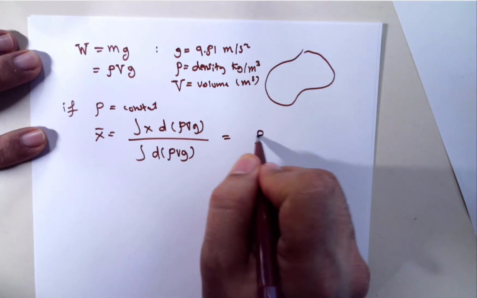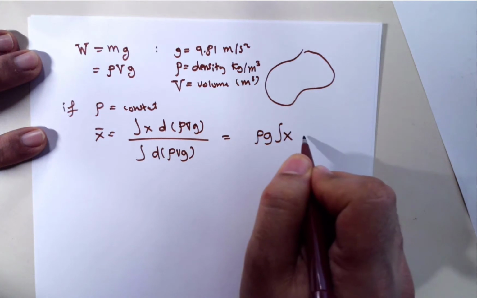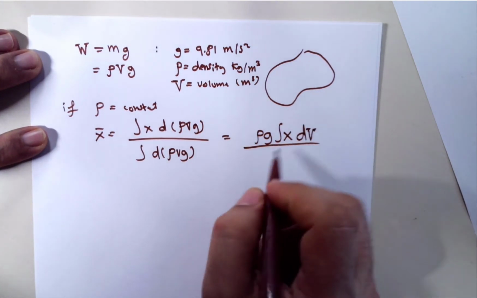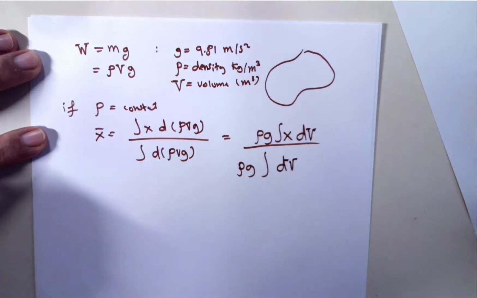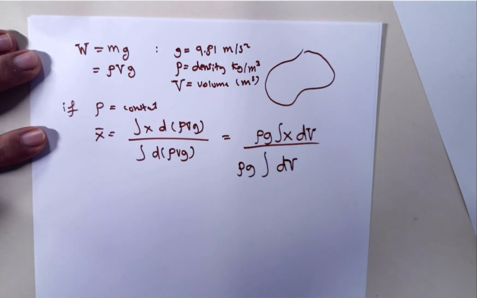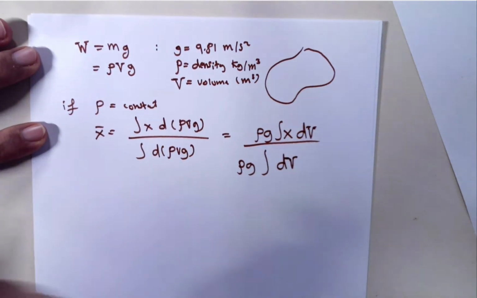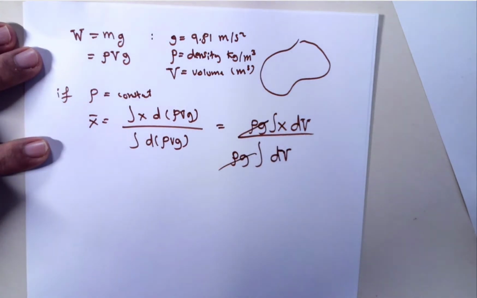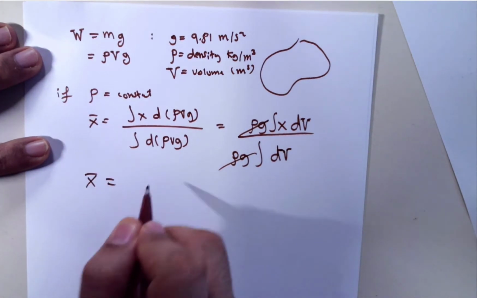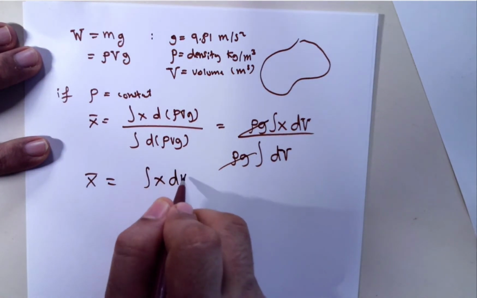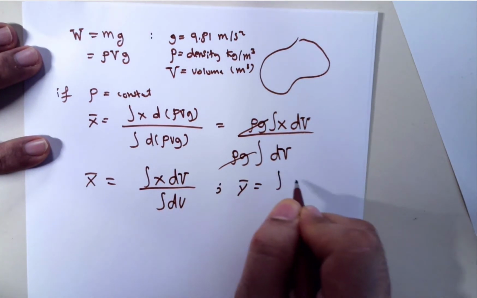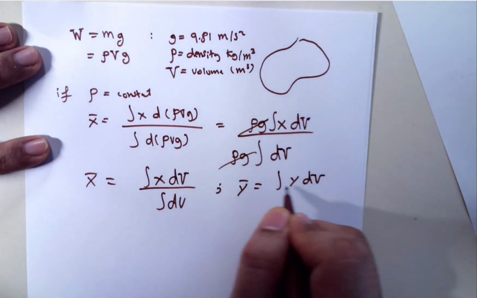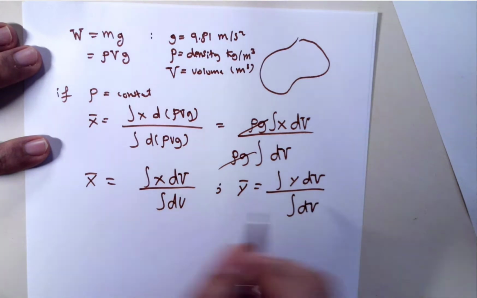So what does that mean? This means I can cancel rho and g, so it's not a function of that anymore. So my x bar equals x dV over dV. Similarly, we can do the same thing for the y, and we will end up with this formula, right?